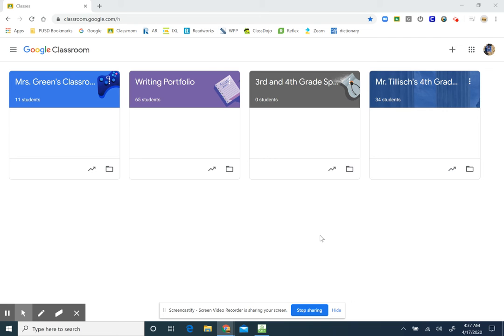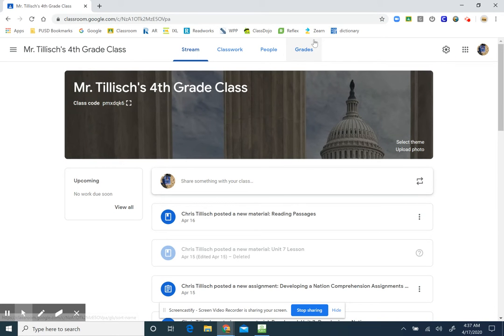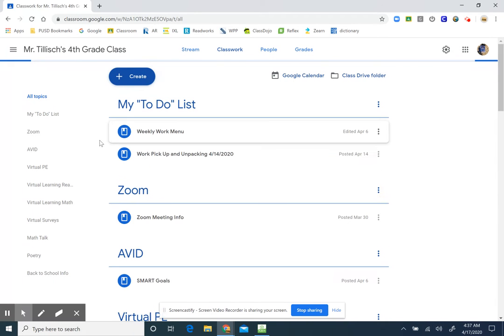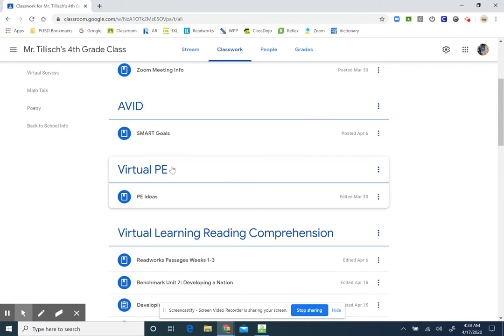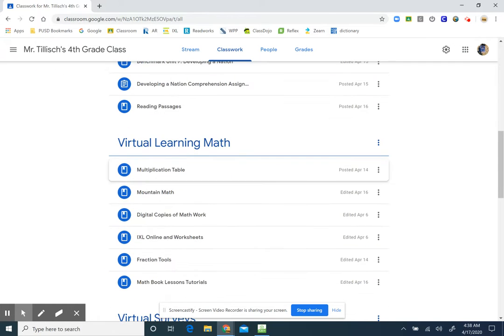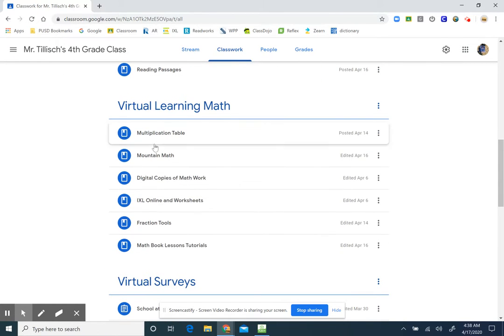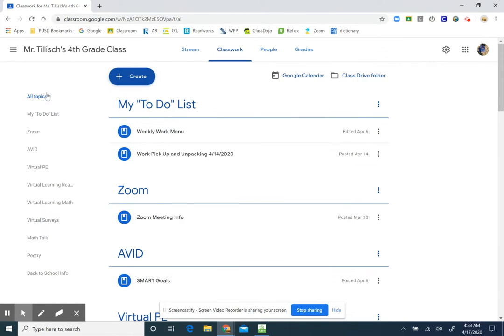All right, so this is part two to set 19 Mountain Math. I'm going to start by going to our Google Classroom, going to classwork, and I'm going to scroll on down until I see virtual learning math. Okay, notice I'm doing something different here.